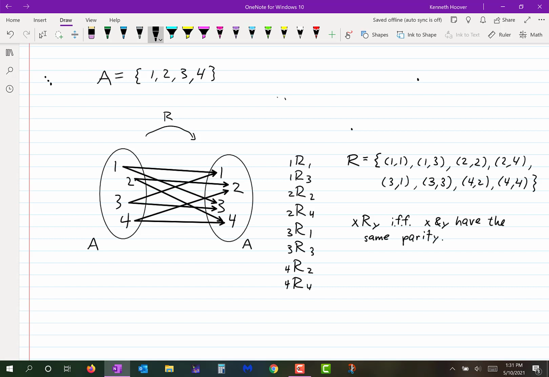That's the relation that I drew in that diagram. Or another way of writing that is to say (x, y) is an element of the relation if and only if x and y have the same parity.